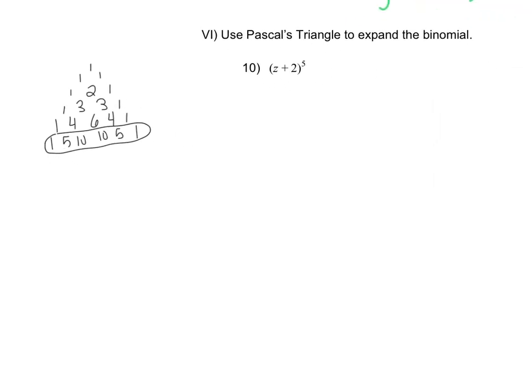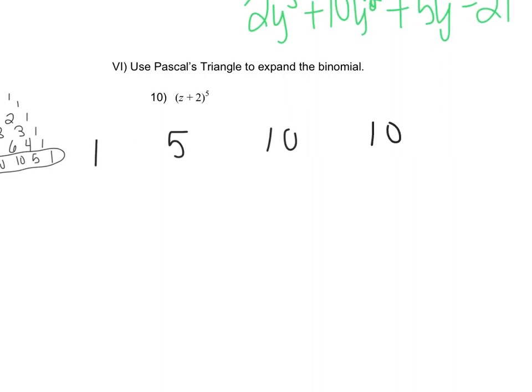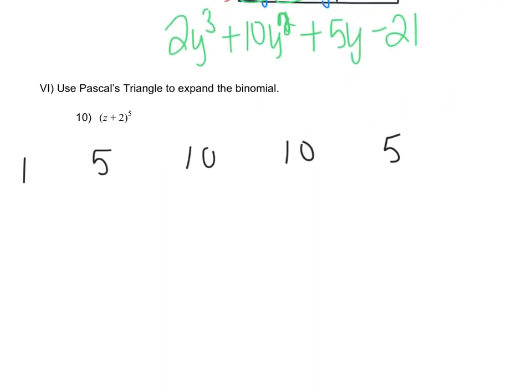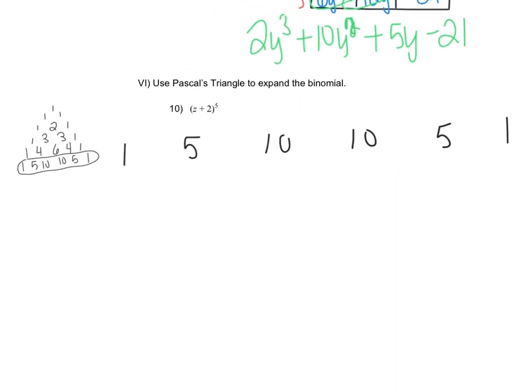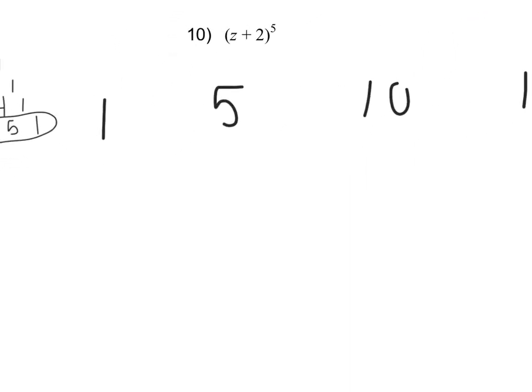So I have 1, 5, 10, 10, 5, 1. Okay, and then remember, as we start with our A's and our B's, our A's, it's the fifth power, so a to the fifth, b to the 0, so I'm not going to put b in there.